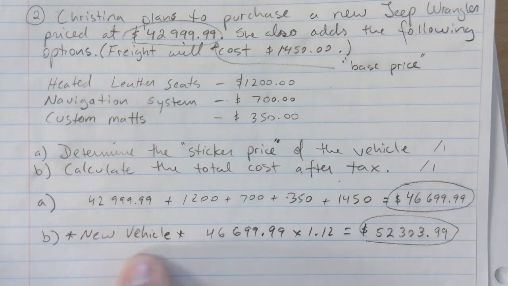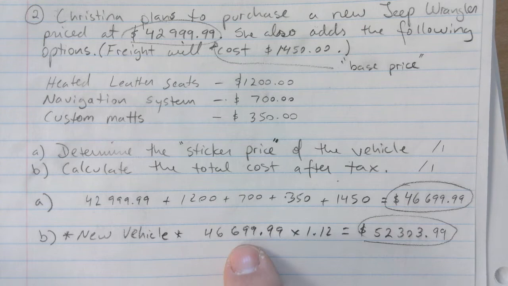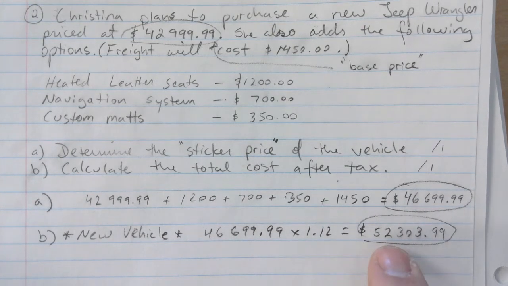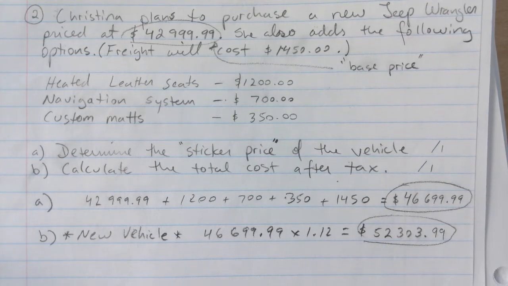So there is a new vehicle. So that means that basically you have to add 12% taxes to the cost. So after having determined the sticker price, you add 12%, that's what it ends up being. And then you have a choice to finance it, which most people will have to do.